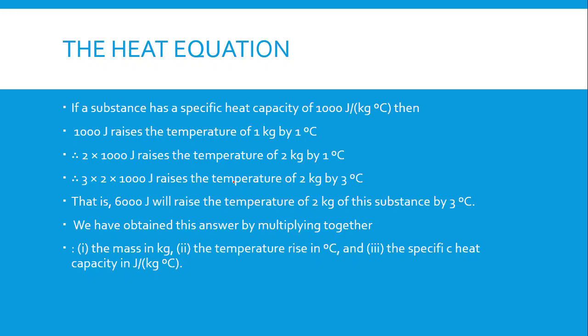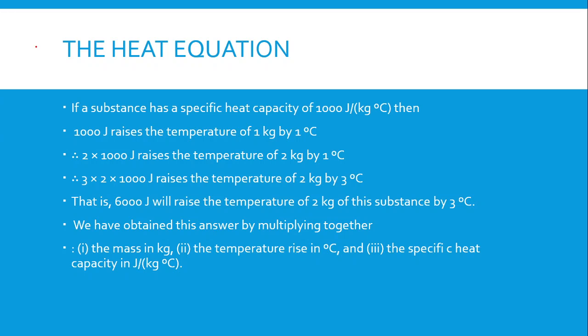Heat equation. Now we're talking about the heat equation. If a substance has a specific heat capacity of 1,000 joules per kilogram per degree Celsius, then 1,000 joules raises the temperature of 1 kg by 1 degree Celsius.